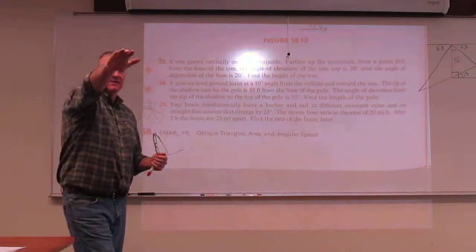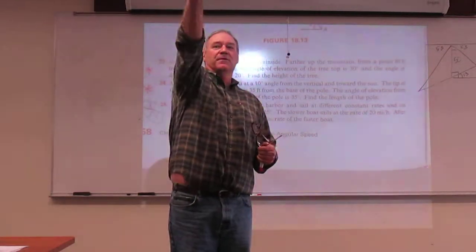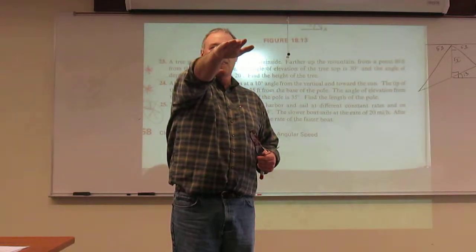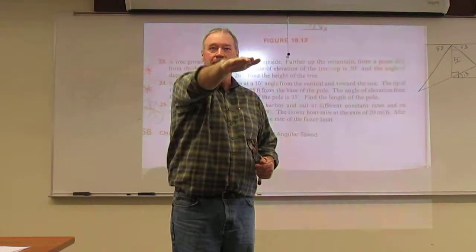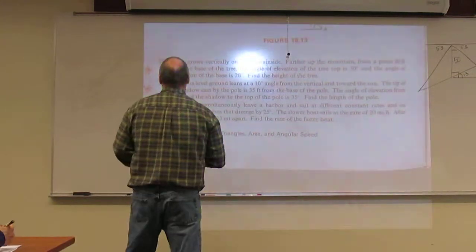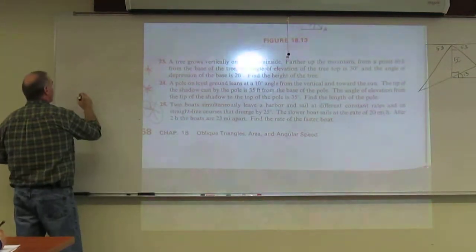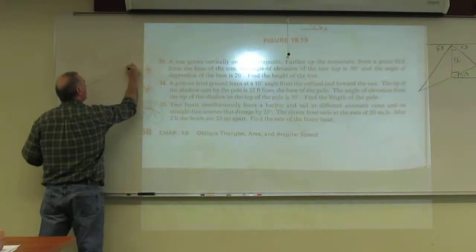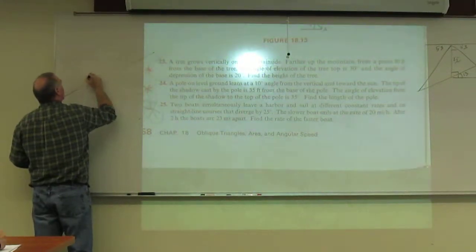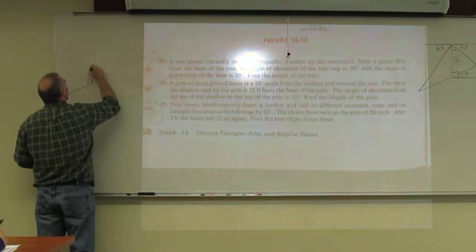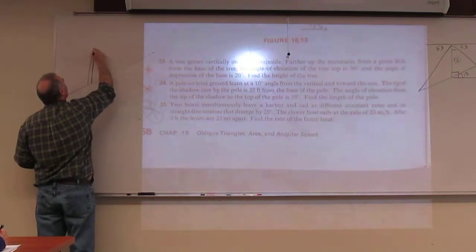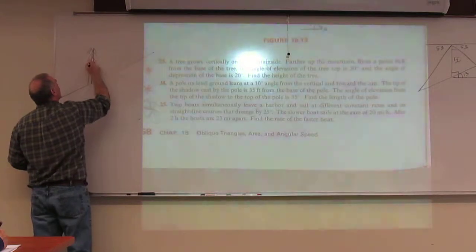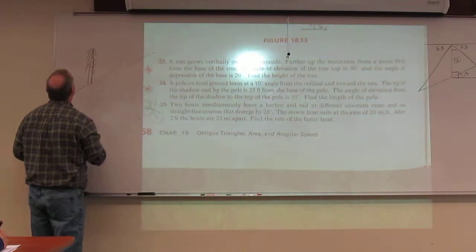Now remember, angle of elevation, right? I'm looking here, I turn up, that's angle of elevation. Angle of depression, I'm looking here and I turn down. Okay. So let's draw a sketch of this. I have a hillside, and on that hillside, I have a tree. I want it to be a pine tree.